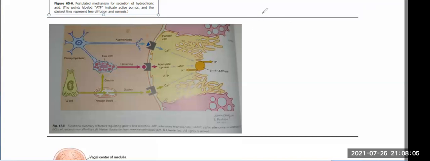So we have three things that regulate gastric secretions. You have acetylcholine, you have histamine, then you have gastric hormone, gastrin, secreted by G cells.